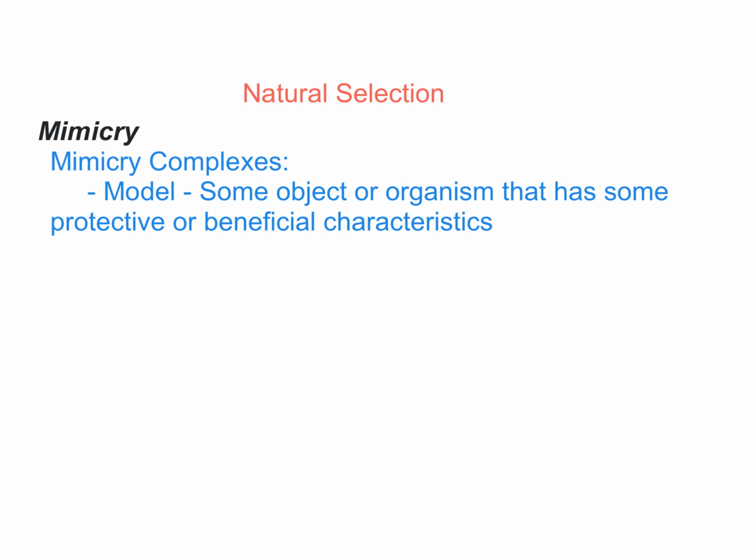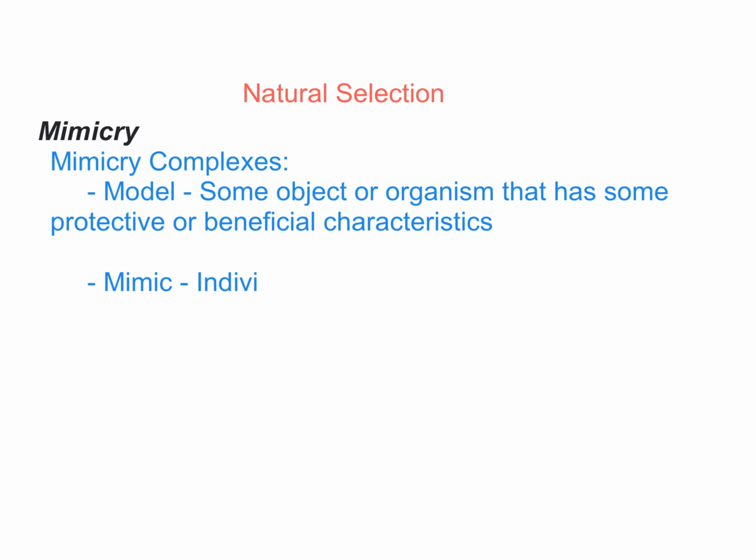So we've got this thing that has some characteristic that's either it protects it or it's beneficial for it. And then we have organisms that pretend to be that other thing, and in doing so, they get the same protective characteristic or they derive the same benefit.